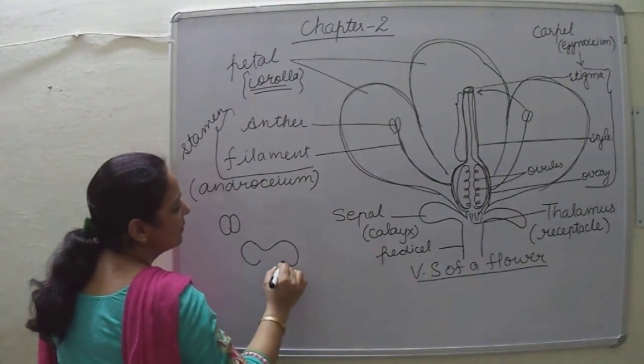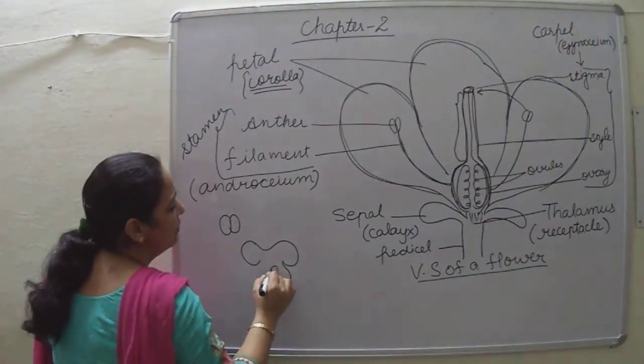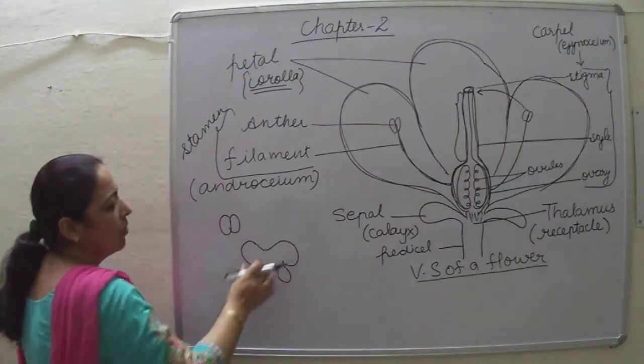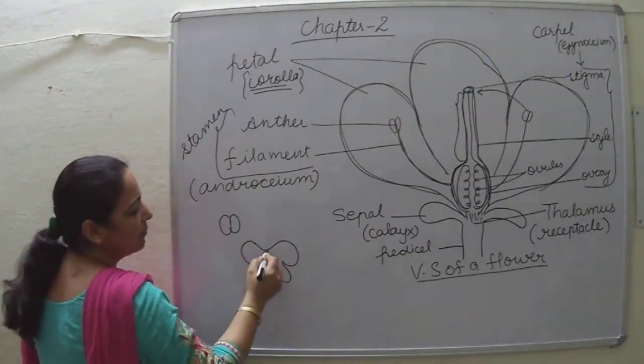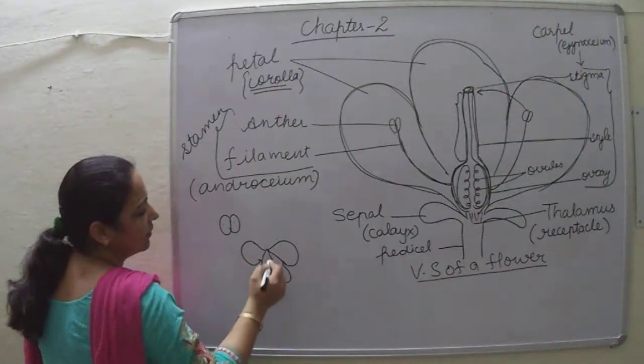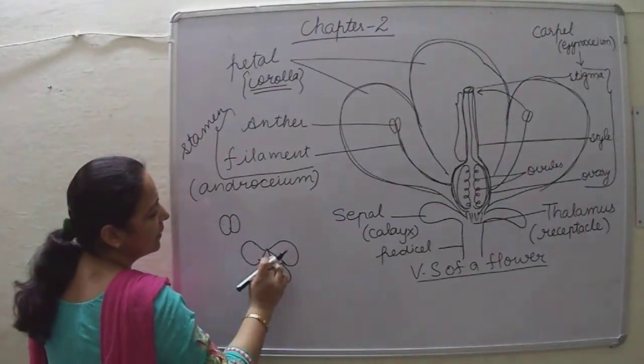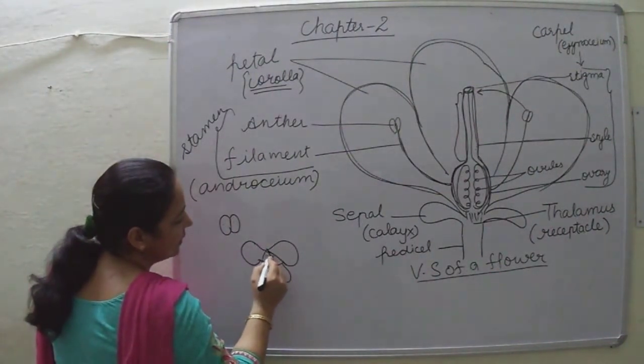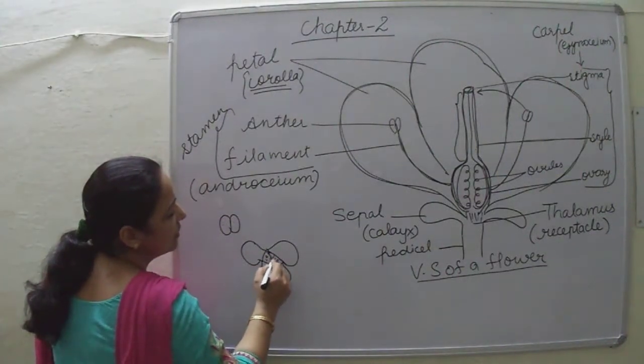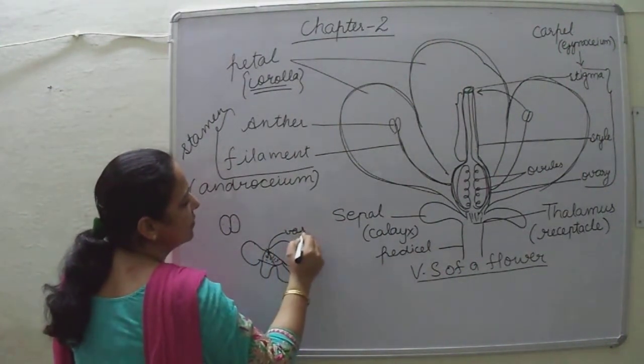All these four lobes are separated from each other. Here the vascular system is present.